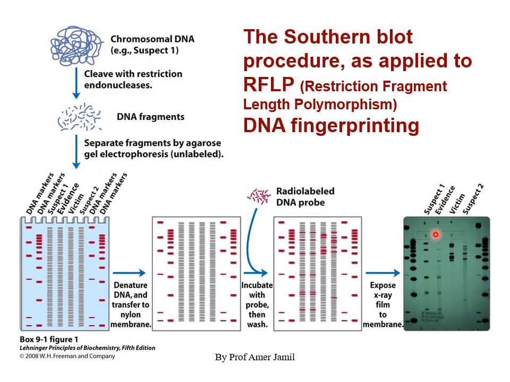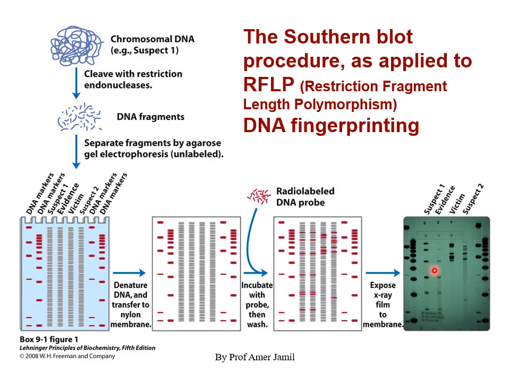So in the suspect 1, this is the pattern, and this is the evidence DNA, meaning the DNA which was obtained from the crime scene, and this is the DNA of the victim, and this is the suspect 2. So we wanted to find out which one was the culprit, either suspect 1 or suspect 2.